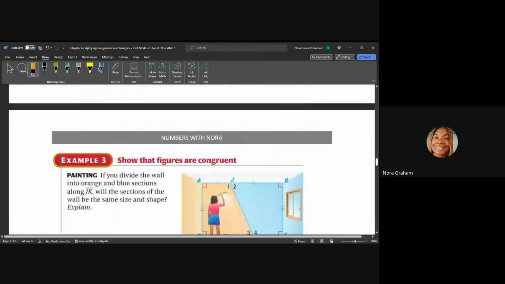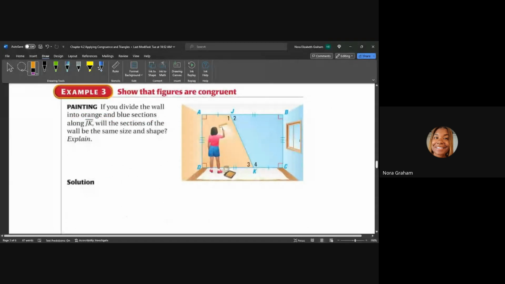All right. So example number 3, this one we're going to show that figures are congruent. It's kind of like a word problem. If you divide the wall into orange and blue sections along JK, so along here, we're dividing the wall. Will the sections of the wall be the same size and shape?